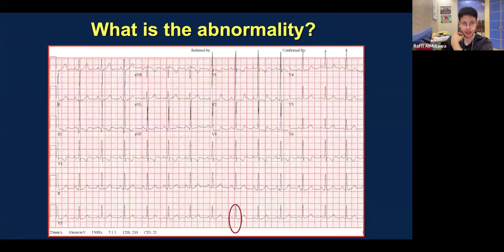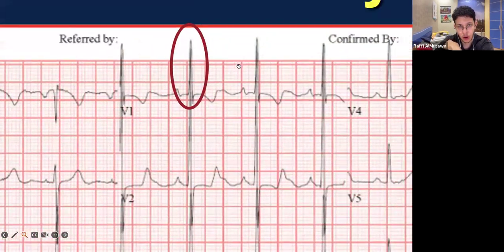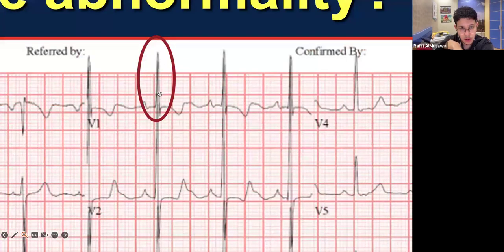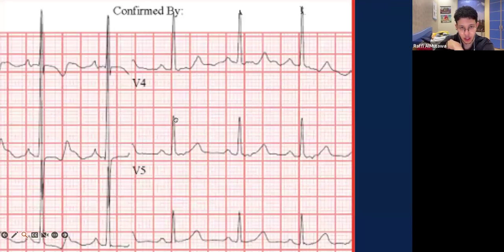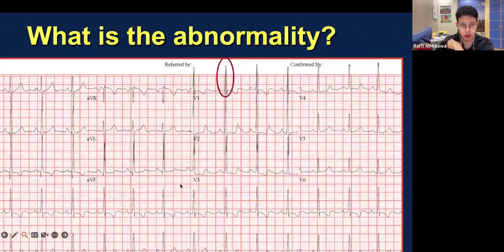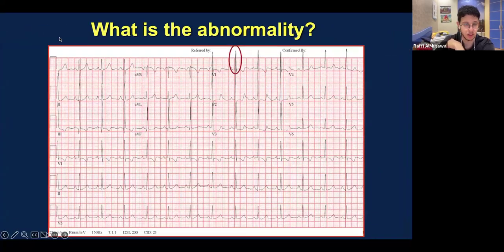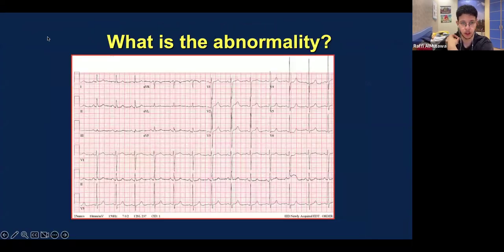So if you're going to do the math for the S wave, let's say this is around, it's not very clear, but let's say this is around 10 millimeters. Over here, they didn't specify the age, so maybe it could be biventricular hypertrophy, but the main abnormality here is right ventricular hypertrophy.